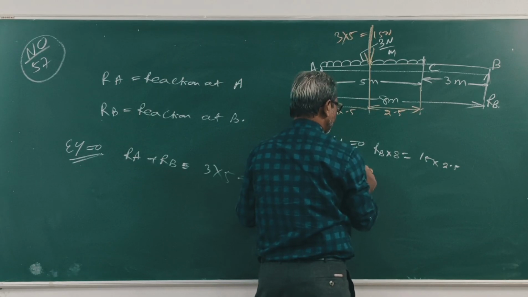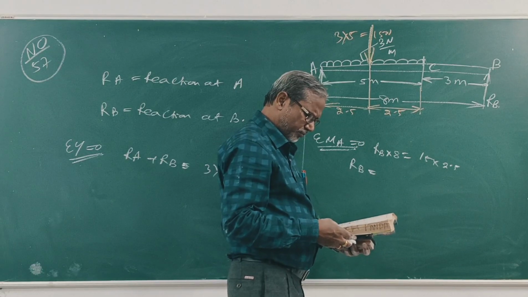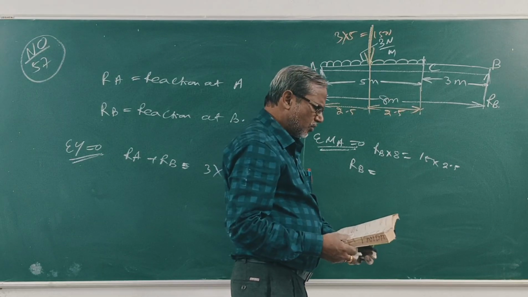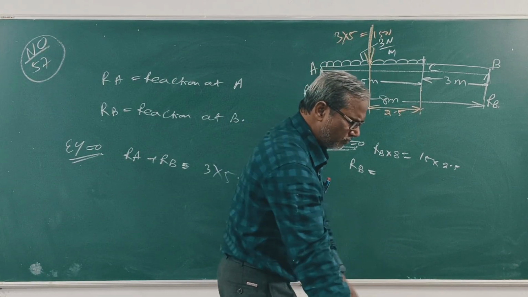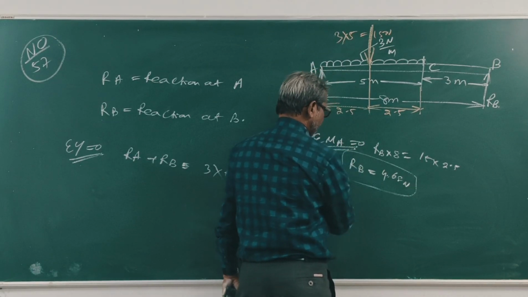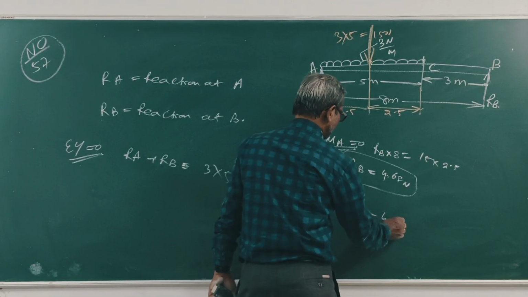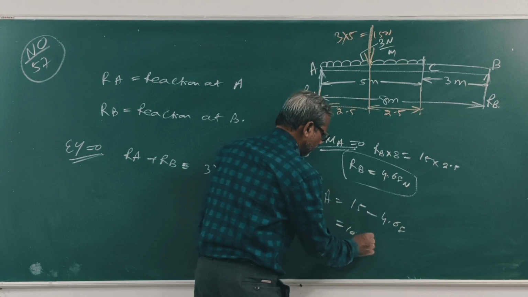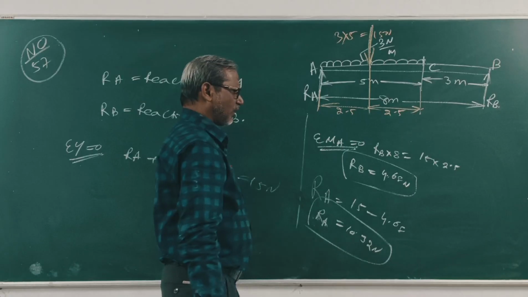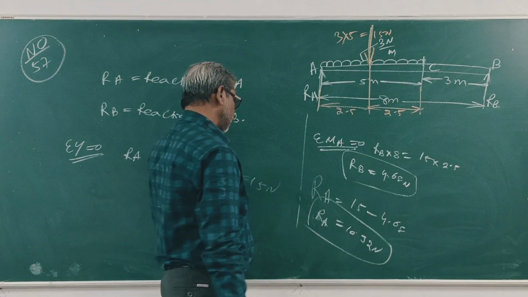What is RB? Clear? So now RB is equal to 4.68 Newton. RA is equal to 15 minus 4.68, 10.32 Newton. Use a calculator for calculating the answers. 4.68 plus 10.32 is equal to 15 Newton, from equation 1.